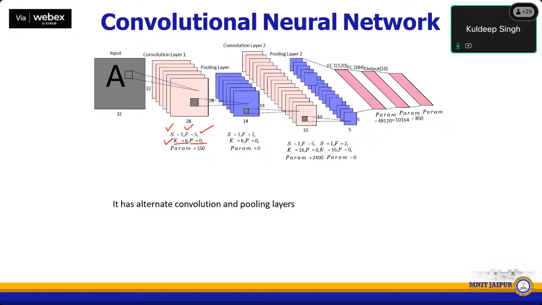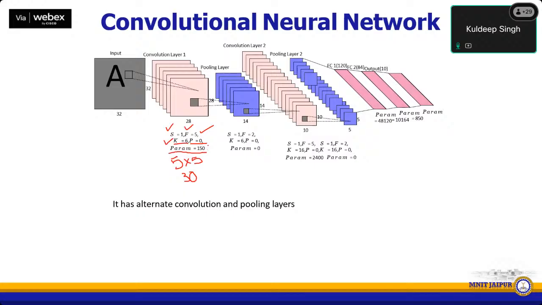With this, we can compute the number of parameters, the number of weights, being used here. How this 150 has come, let me tell you. 5 cross 5, that's 30.